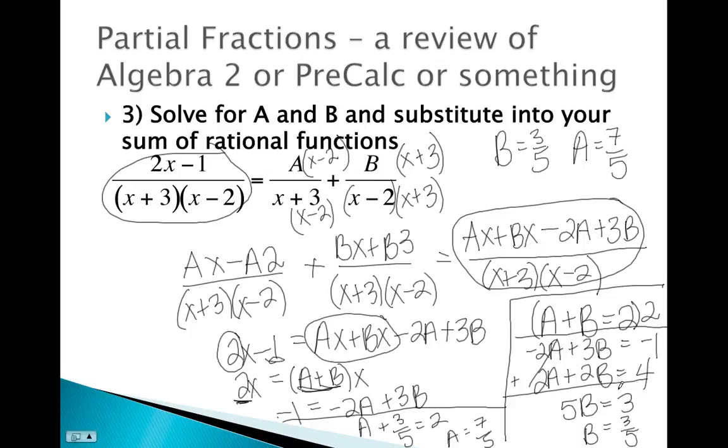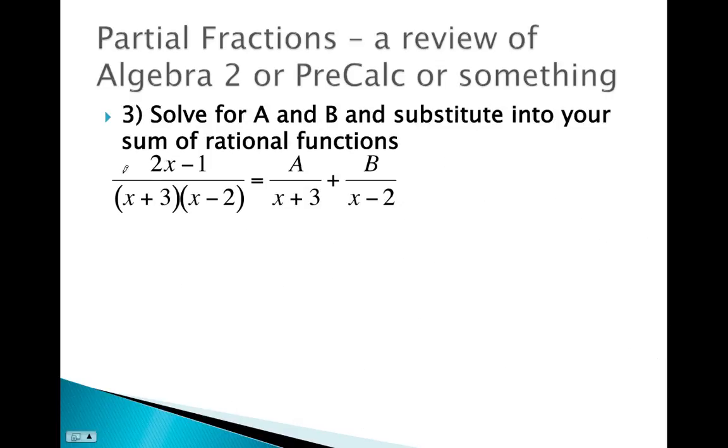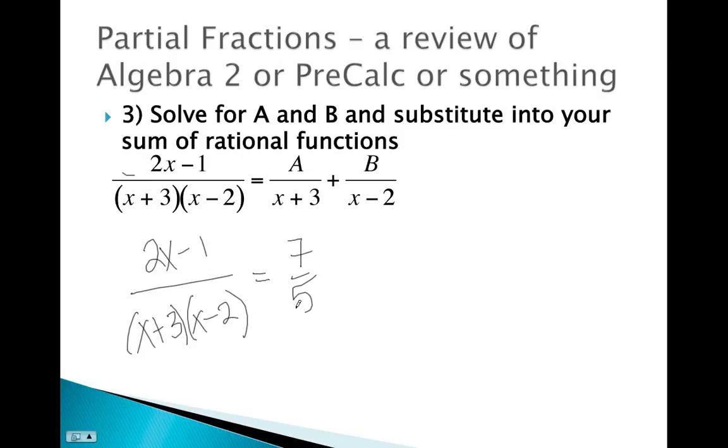My final answer here is that 2x minus 1 over the quantity x plus 3 times the quantity of x minus 2 is equal to a, which was 7/5 times 1 over x plus 3, plus b, which was 3/5 times 1 over x minus 2.